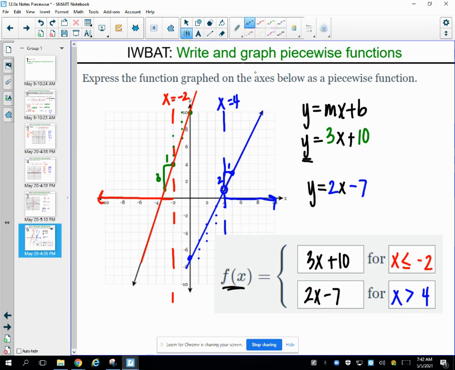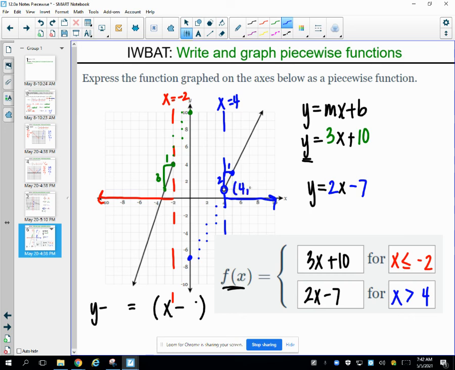Another way you can do it is point slope form. Remember, point slope form is y minus the y coordinate equals the slope times x minus the x coordinate, and just take any point on that line. So you could take either of these. If you didn't want to keep extending this because it takes kind of a long time to get down there, you could take any point on here.